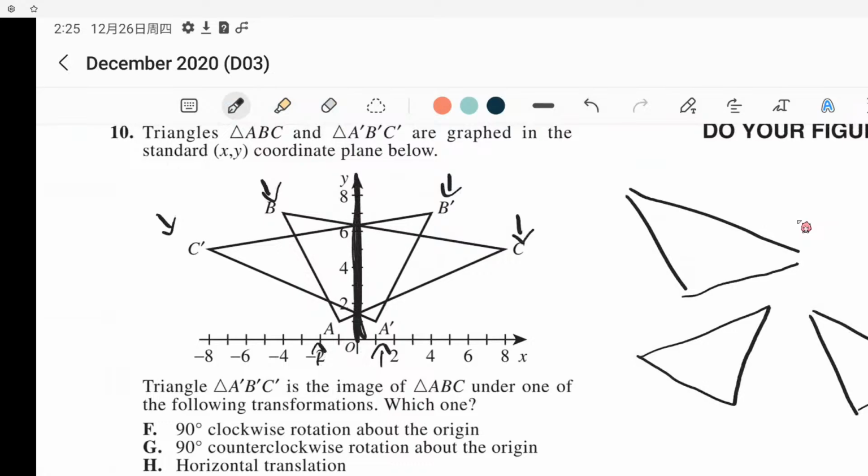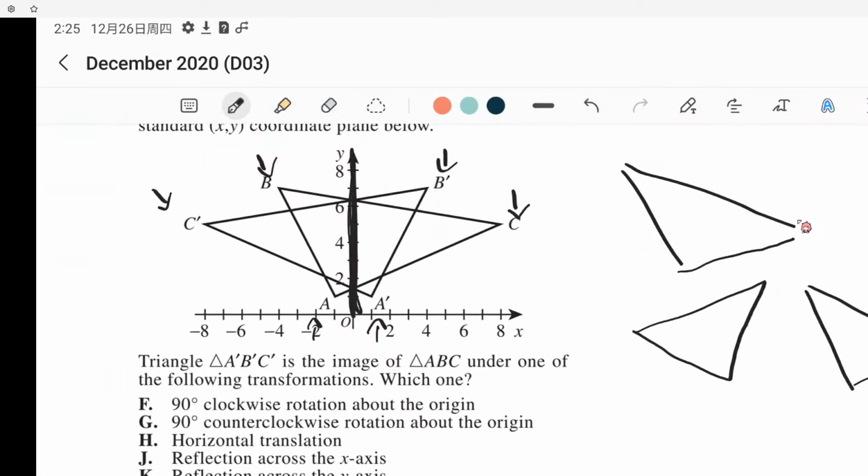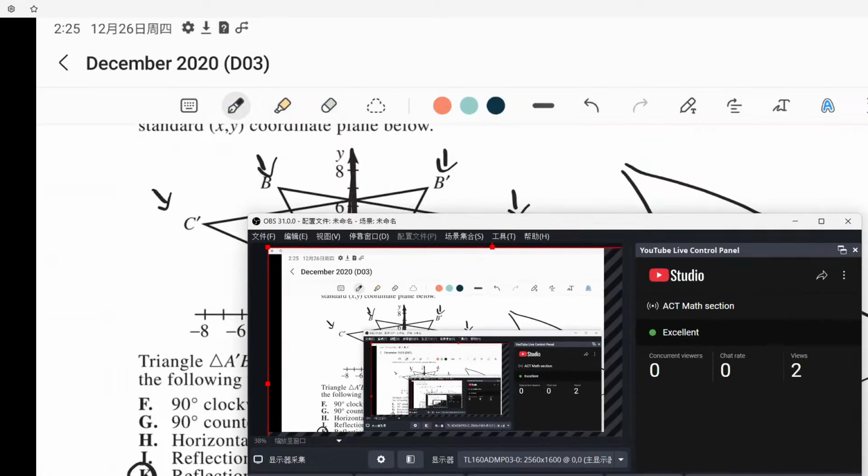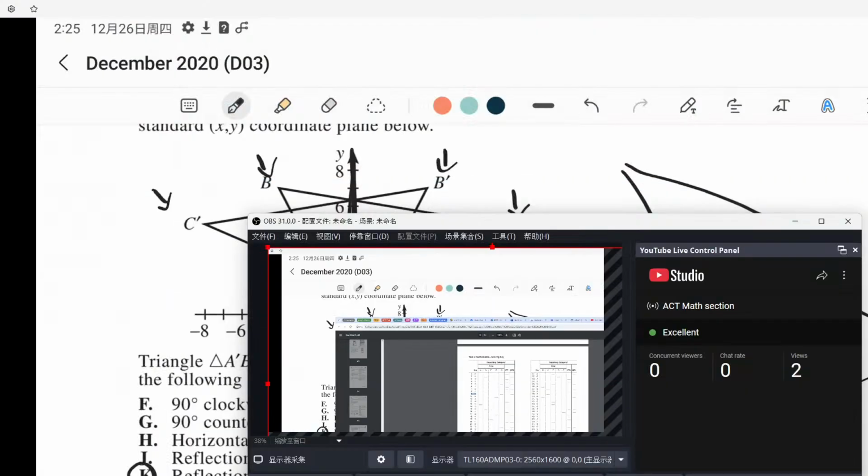This is a symmetry across the y-axis, so this is a reflection over the y-axis. Okay, correct.